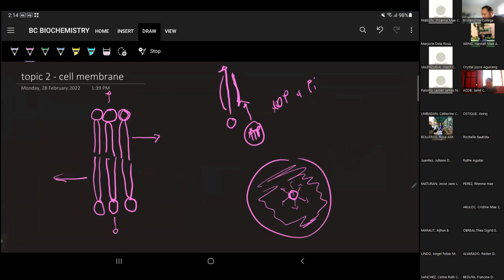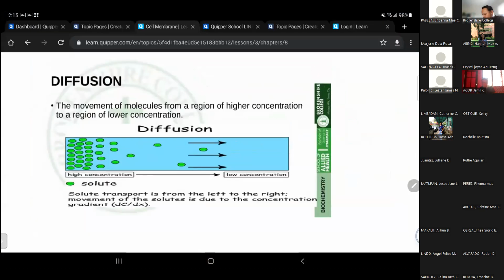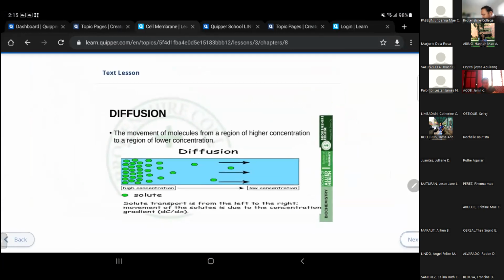That is diffusion, because the concentration of the dye is higher here, and when it reaches the area of the gel, it has lower concentration. So the movement is from higher to lower. Okay. Next is water.